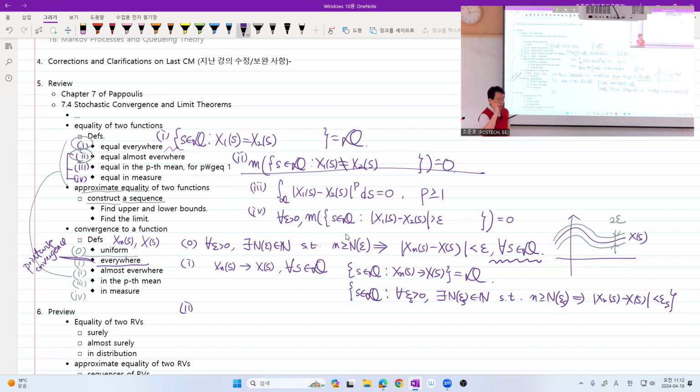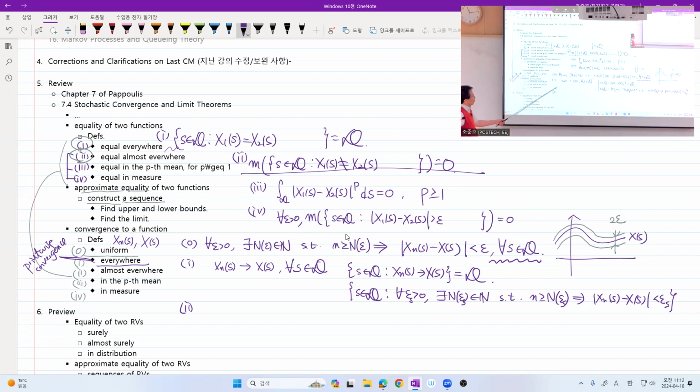See that if we fix s, right? This is nothing but the convergence of a sequence of real numbers. So we use that convergence of a sequence of real numbers for each point in the domain. That's why everywhere convergence is called pointwise convergence.